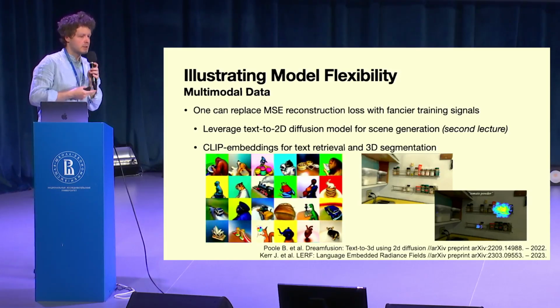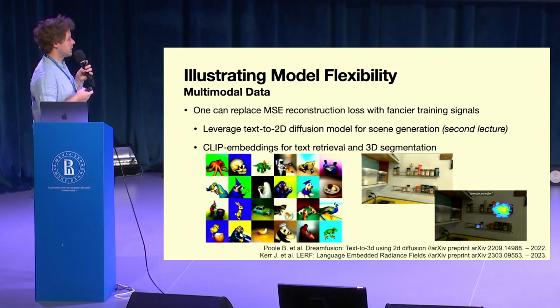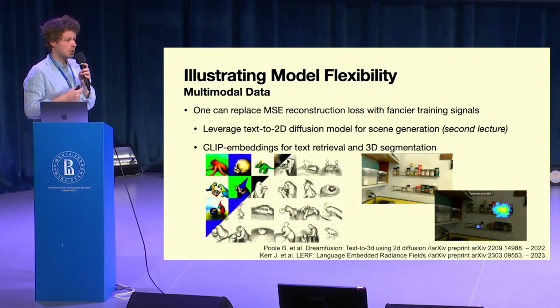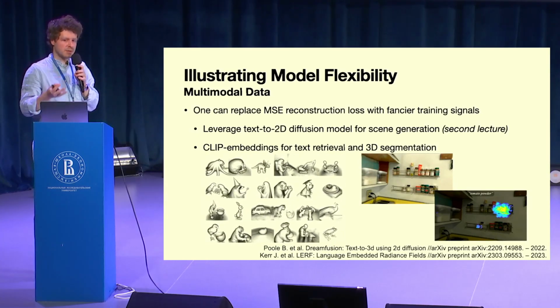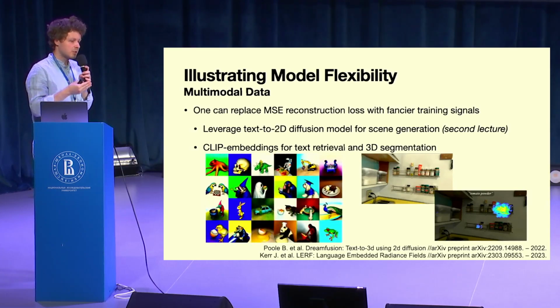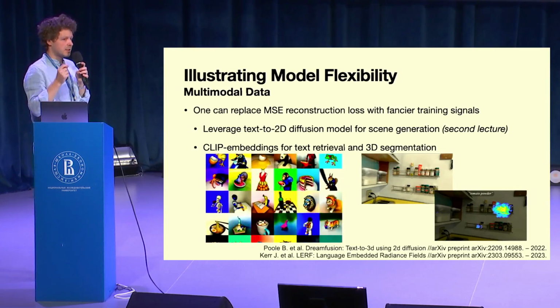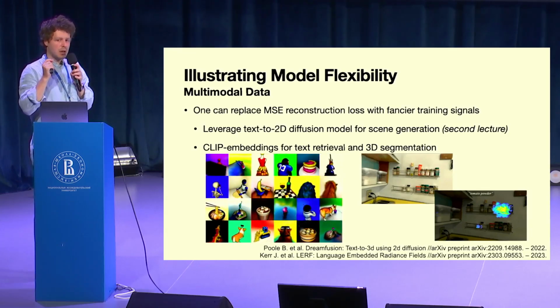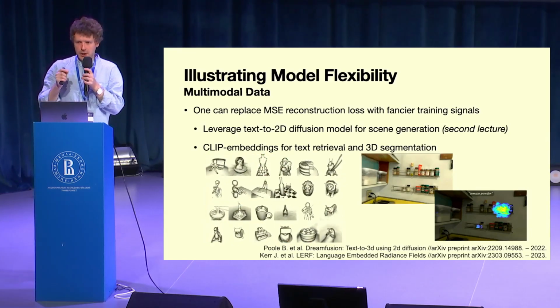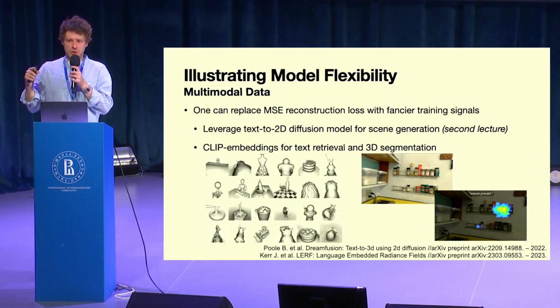And another nice application is training not radiance fields, not fields representing colors, but instead we could train fields that represent CLIP embeddings of images that we have in the training set.